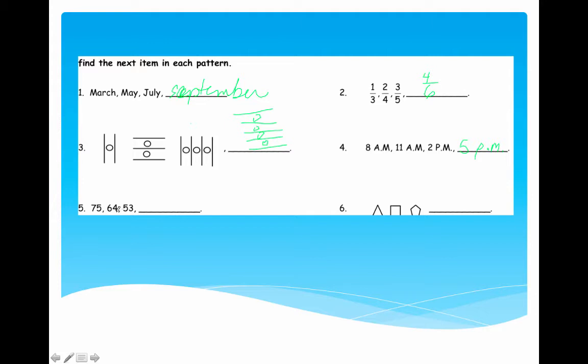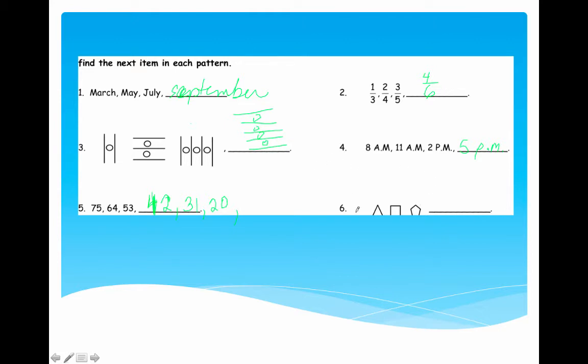So 75 to 64 is subtracting 11. 64 to 53 is subtracting 11, so probably we need to subtract 11. This one could have also come more straightforwardly by 765, 543, but then a couple of times later you'd have to subtract 11 because you get to 0. So what I mean there is 31, 20, the next time you go to 9, so it doesn't go down from 2 to 1 and 0 to something.